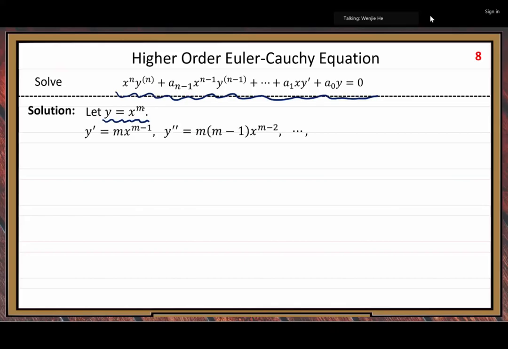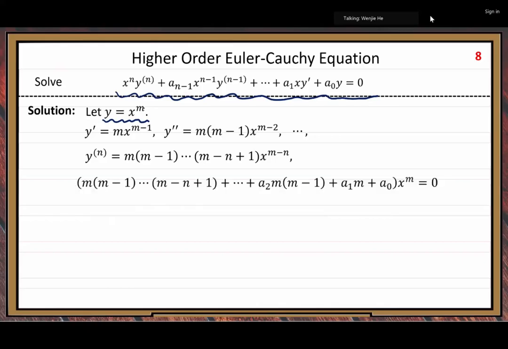Then the first derivative, second, but we need to take the nth derivative, right? So then you plug in. Then cancellation: after the factorization, there is an x to the m term, and we can cancel it out.